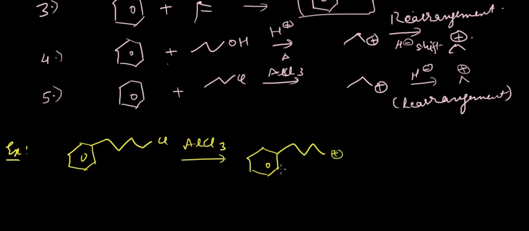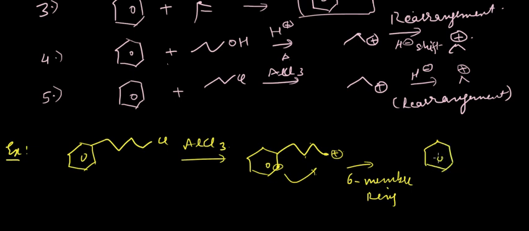Next, 1 2 3 4 5 6, there is a chance of 6-member ring formation. If this carbon atom actually attacks on this carbocation, a 6-member ring can be formed. So we have, this is the first carbon, 2 3 4 5 and 6 is this one. So we can form a compound like this.